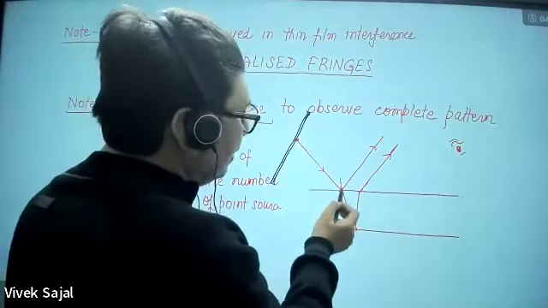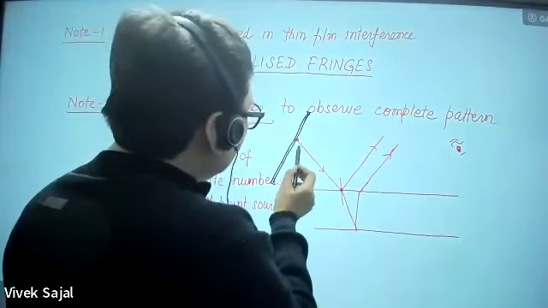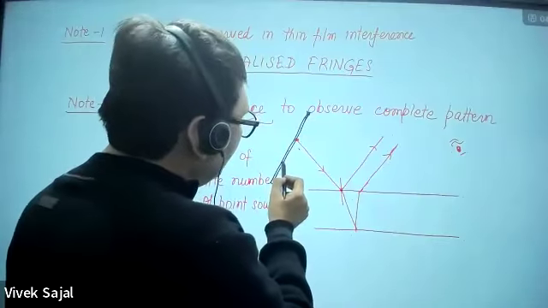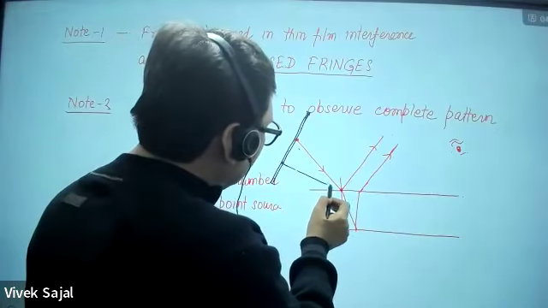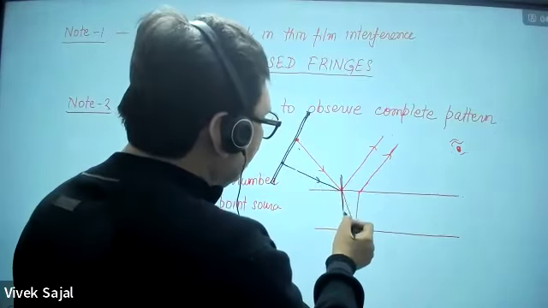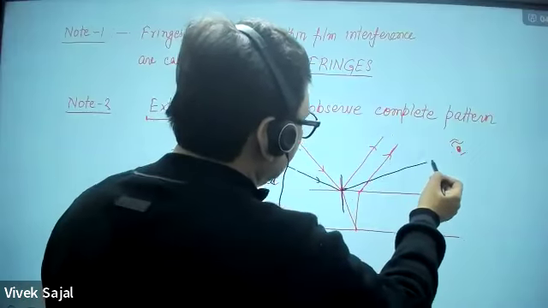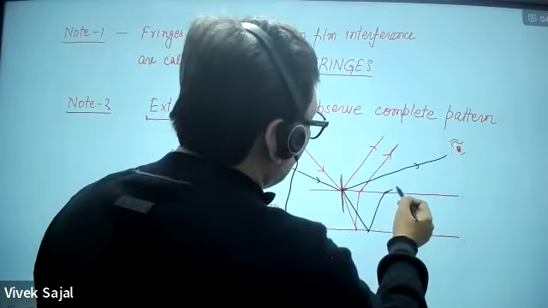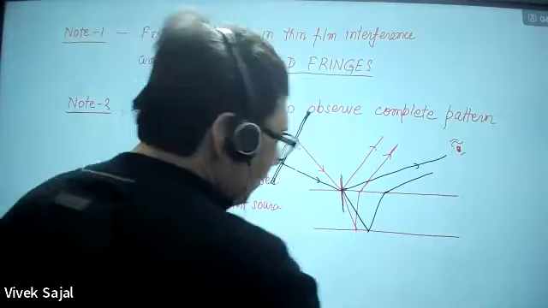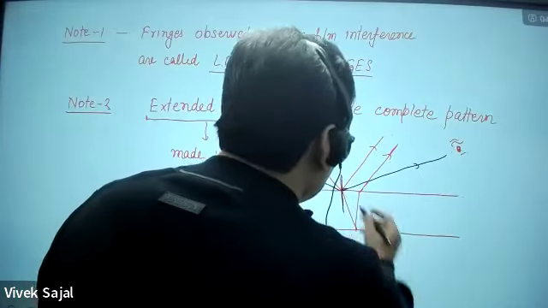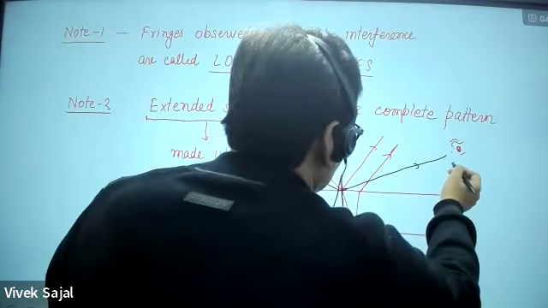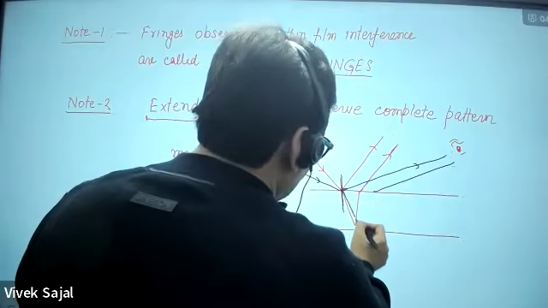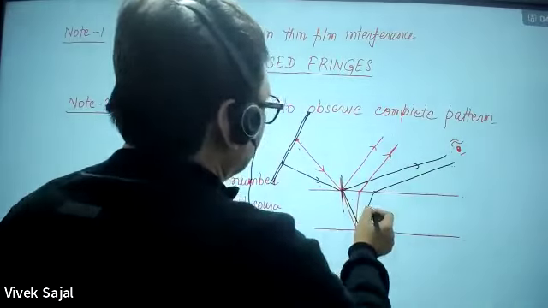From here, whatever light is coming, you are not able to observe it, but out of these infinite points, there will be a point source from which light will strike this part, and a part will move like this into my eye.